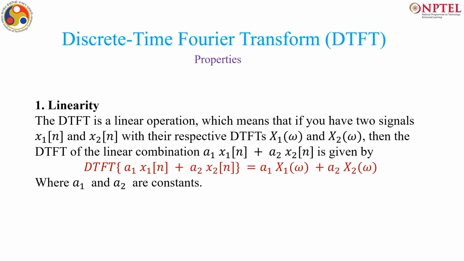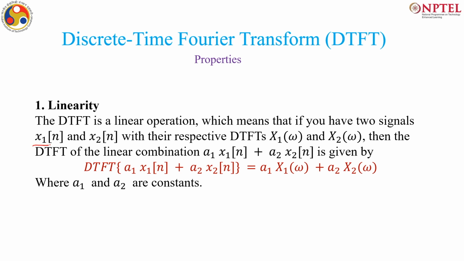Okay. So, let us understand some properties of the discrete time Fourier transform. The first property is linearity. So, the question is, is the DTFT linear? Yes, it is a linear operation and we can prove it very easily using the superposition theorem.